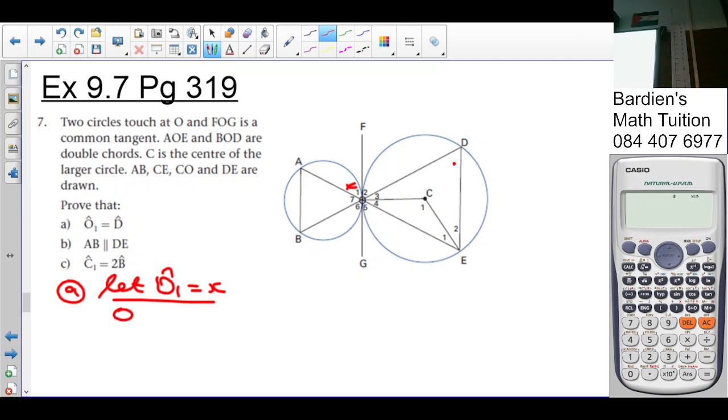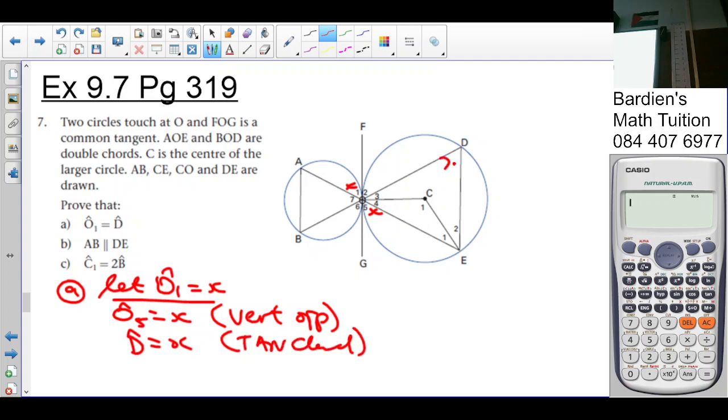So we say O5 is equal to X. Why? Vertically opposite. Then angle D is equal to X. Why? Tan chord here. Therefore, angle O1 equals D is equal to X.